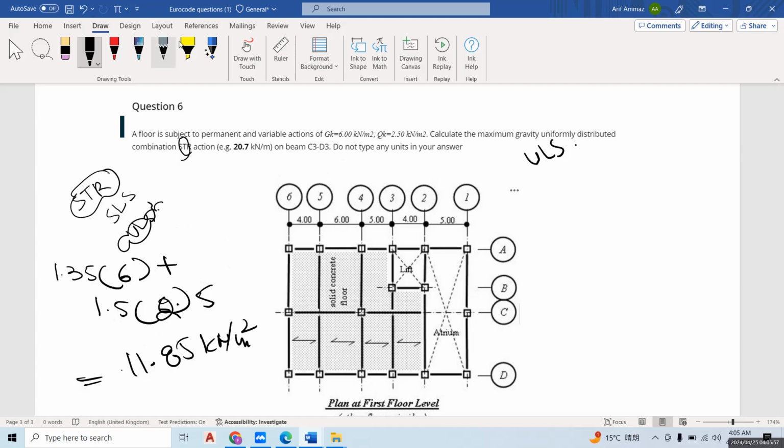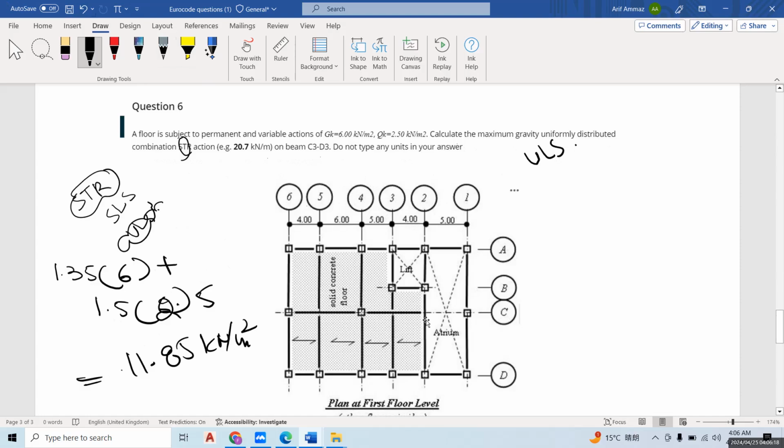Okay. Now he is saying to calculate the maximum gravity uniformly distributed combination action on beam CD. Let's see where C and D are.